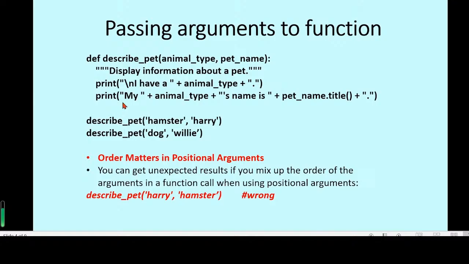Then we print another line, this animal type's name is, followed by the pet name in title form. When you call this function, you have to write describe_pet, then the type first and the name second. For example, the dog is the type and Willy is the name.